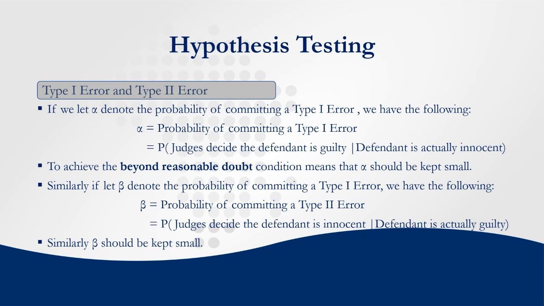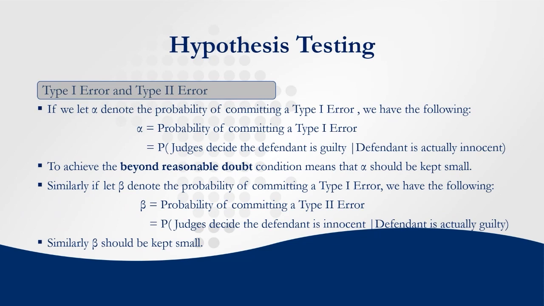I will bring it back to our hypothesis testing, but for the example that we are using, the type 1 error will be the judge decides that the person is guilty, while in actual fact they are innocent. So it's when they actually reject that null hypothesis of innocence, while the person is in actual fact innocent.